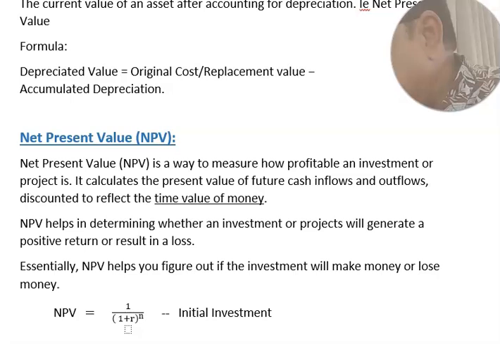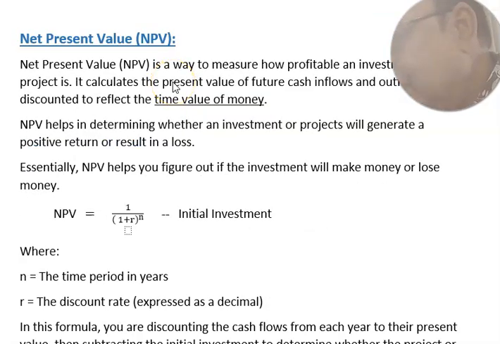Next is the net present value. Net present value is a way to measure how profitable an investment or a project is. It calculates the present value of future cash inflow and outflow discounted to reflect the time value of money. Net present value helps in determining whether an investment or project will generate a positive return or result in a loss.